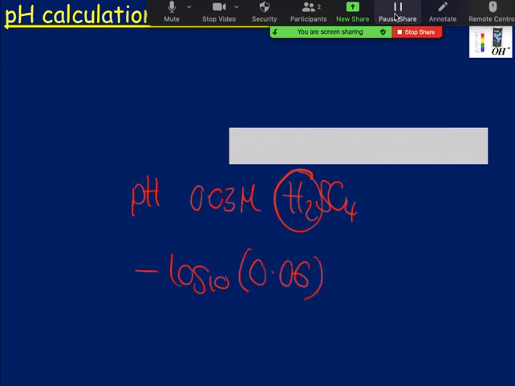If you press negative log and 0.06, what answer are you getting in your calculator? Oh, I just did 0.6. I'm so dumb. You've got to be rigorous with yourself. Oh, I made it 0.06 and I got the right answer, which is 1.2, correct? Yes. Woohoo!